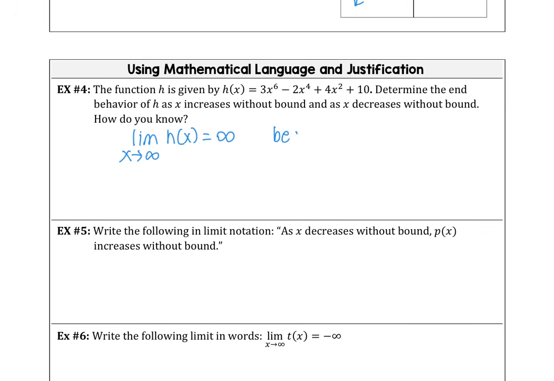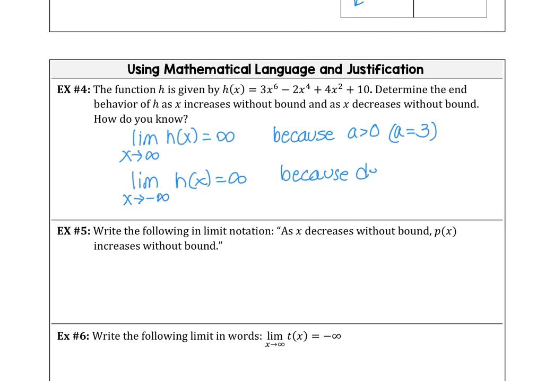And the reason we know that is because the a value is 3, and that's positive, and the power n is 6. And the limit as x approaches negative infinity is also going to go up, and we know that because the degree is 6. It's an even degree.